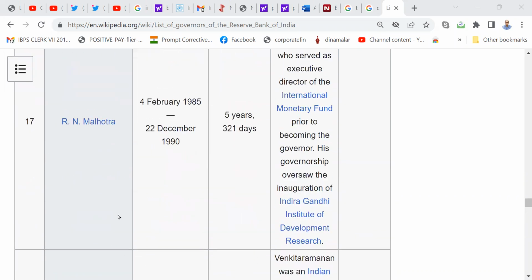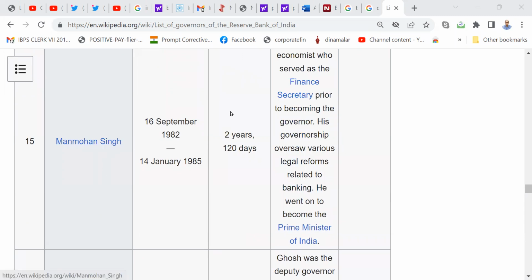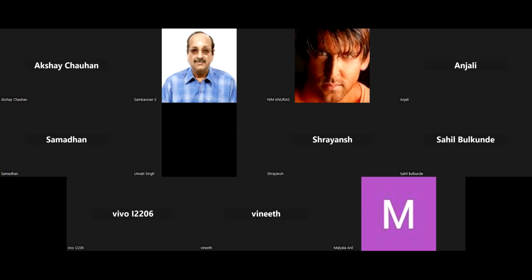S. Venkitaramanan, R.N. Malhotra, Amitav Ghosh, Manmohan Singh. We will stop with that. So many people. But of course, this type of question is very rare. I asked only to frighten our friend Rajan.